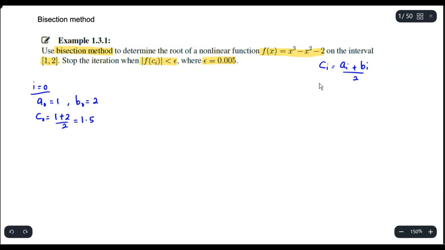Then we need to get f(a_0) and f(c_0). So f(a_0) is f(1). You plug x equals 1 into the equation of f. So you have 1 cubed minus 1 squared minus 2, so we have negative 2.